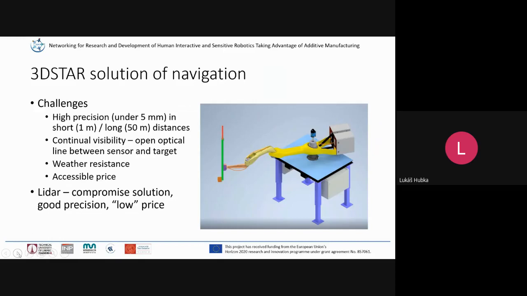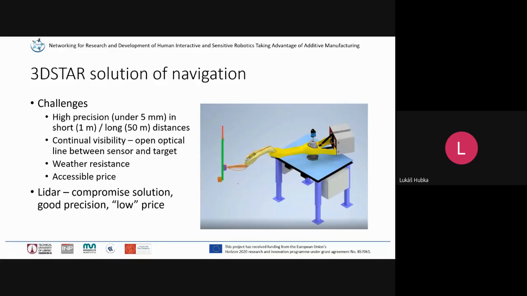What are the challenges? Of course, the precision. It's the main question because we need to be precise enough, in short and also in long distances. Why in such a big scale? Because in short distances you need to be precise for a printing tool.